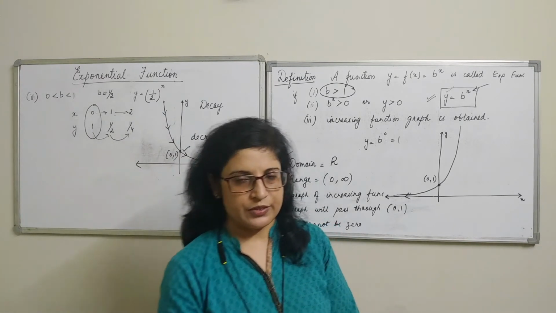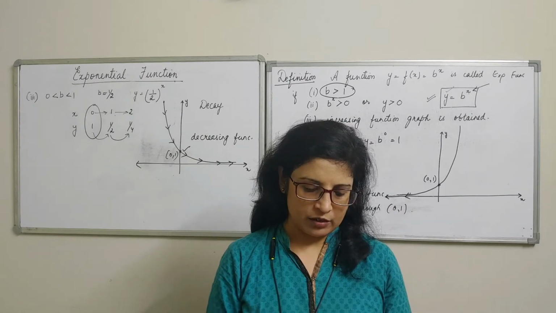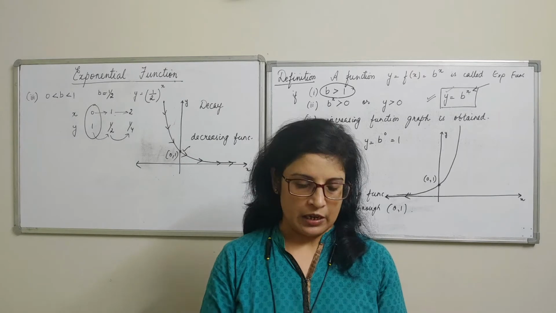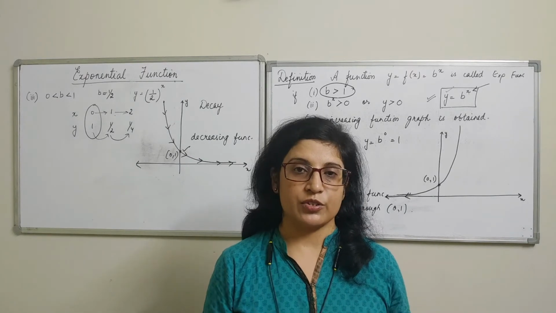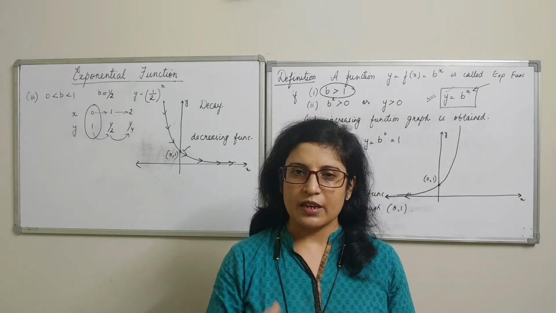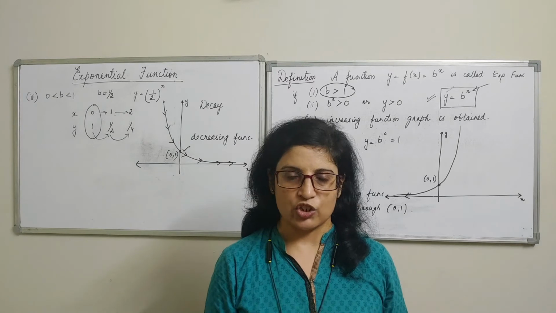Or in other words, you can say that an exponential function represents growth, like the population of a country increases exponentially. The compound interest given in the banks increases exponentially. So whenever there is a positive increment, we refer to it as an exponential function.